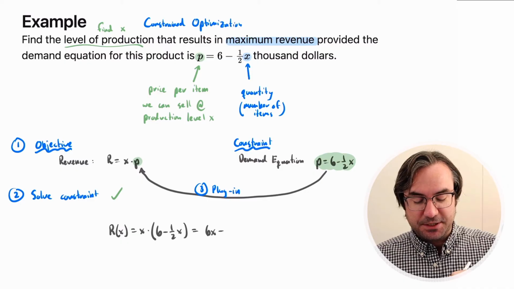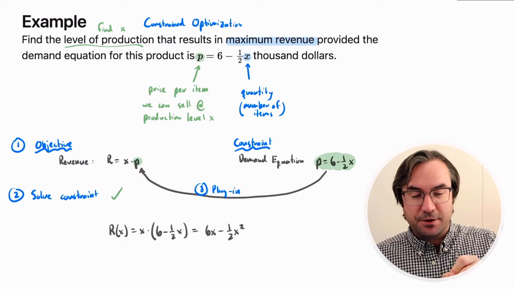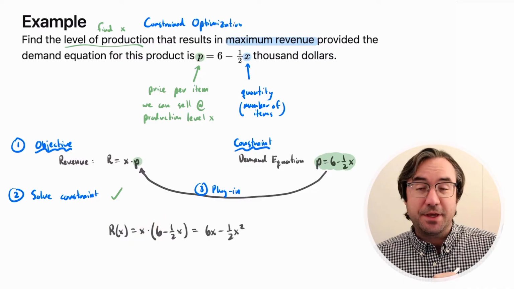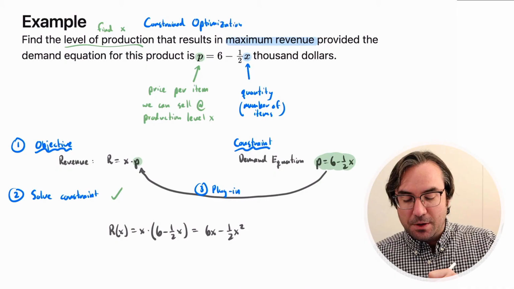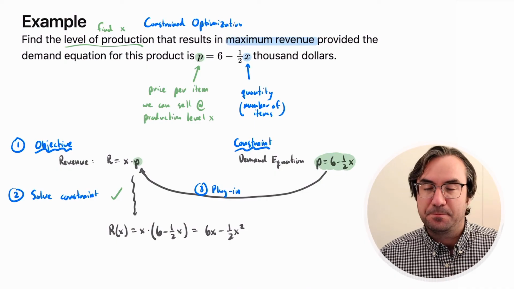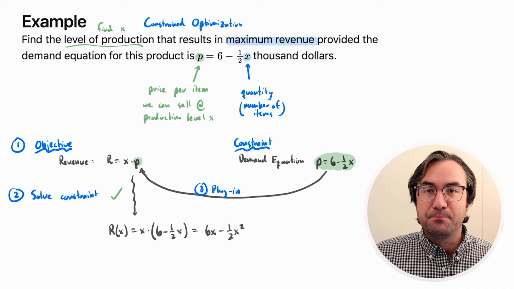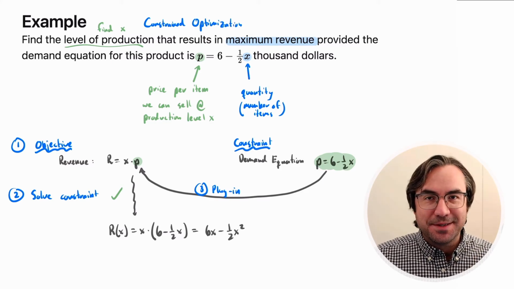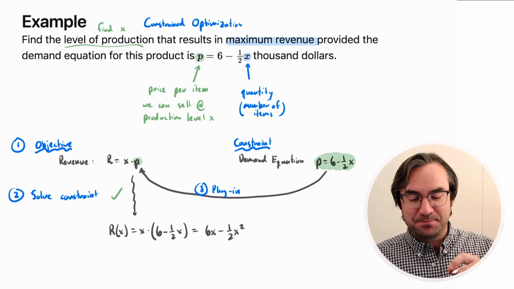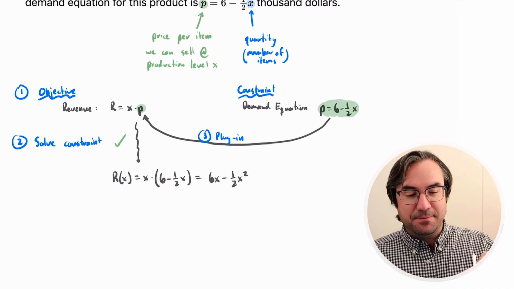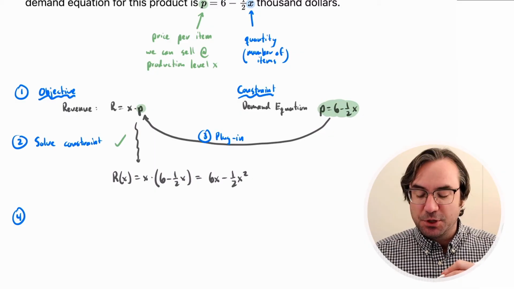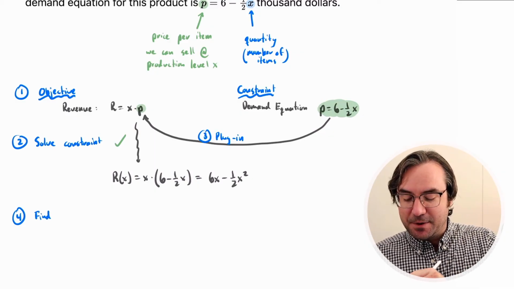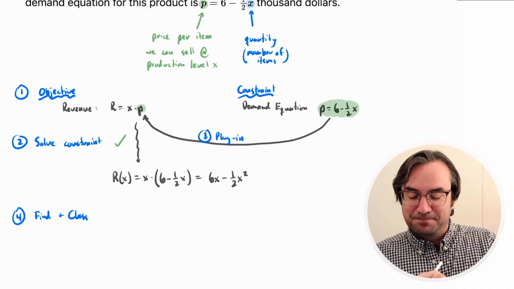So we end up with 6x minus 1/2 x squared. So distribute the x to the 6 there, and then distribute the x to the other one. All right, so now we're ready for the actual calculus of things. So now we're ready for really the optimization part. So we want to find and classify our critical numbers. Kind of the usual routine here.